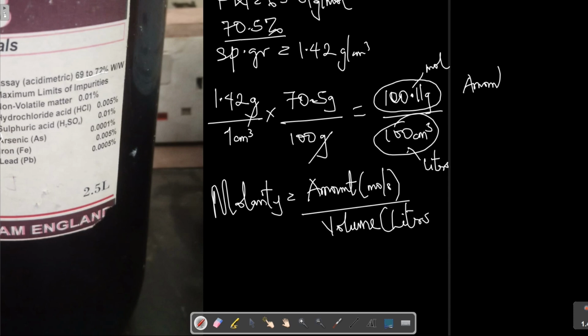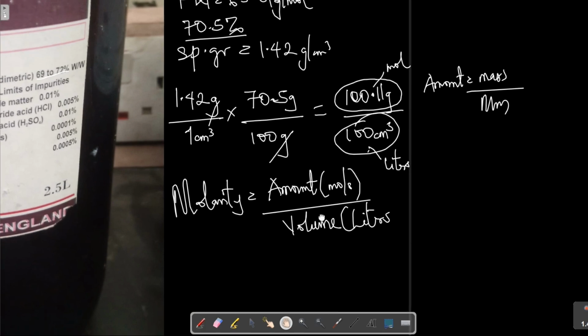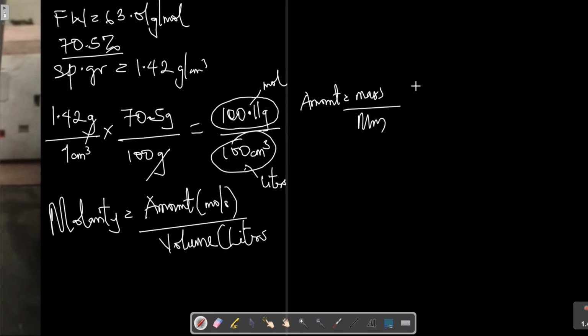So we know that amount is equal to mass over molar mass. The mass here, we have it as 100.11 grams divided by the molar mass of nitric acid, which is 63.01 grams per mole.